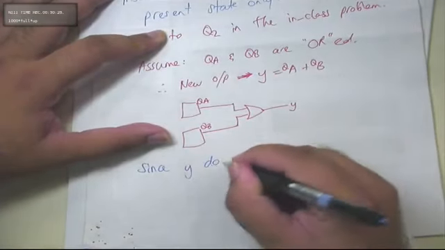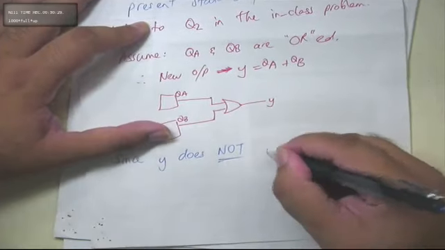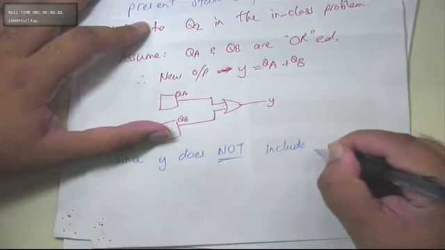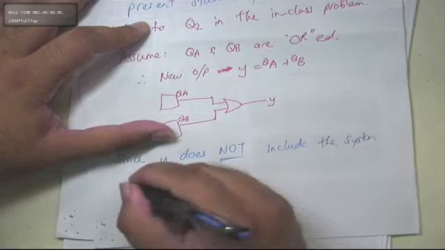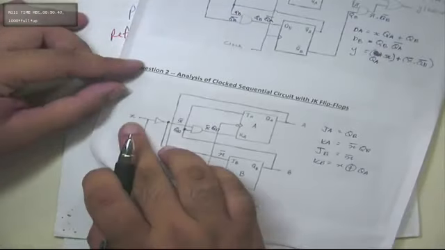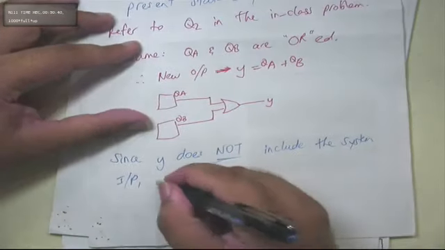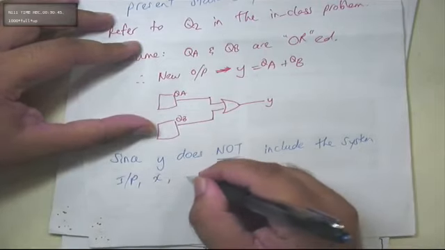Y does not include the system input, which is what? What was the system input over here? It was X, all right? System input X, right?